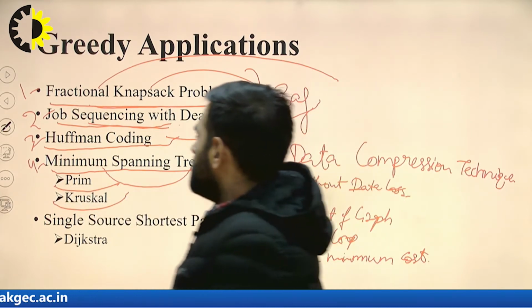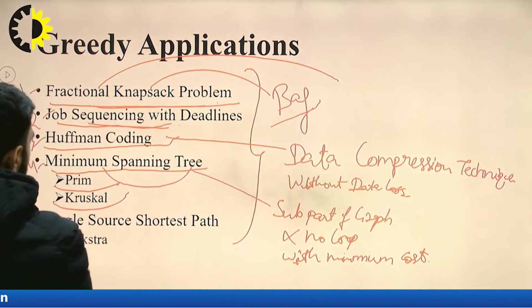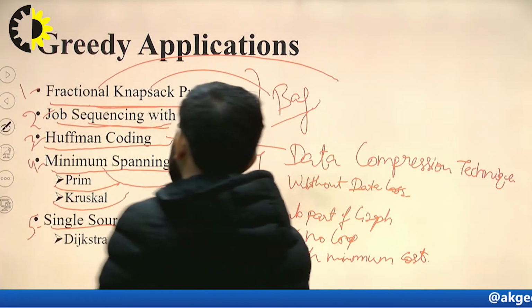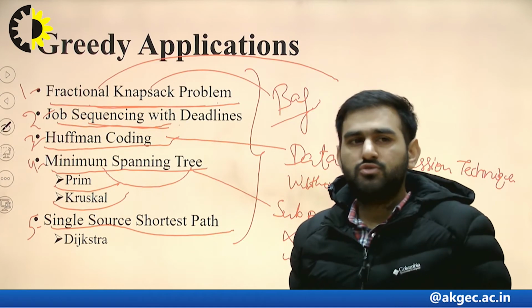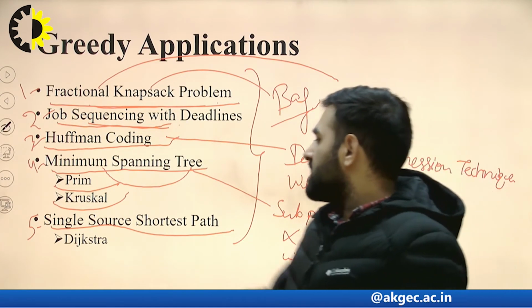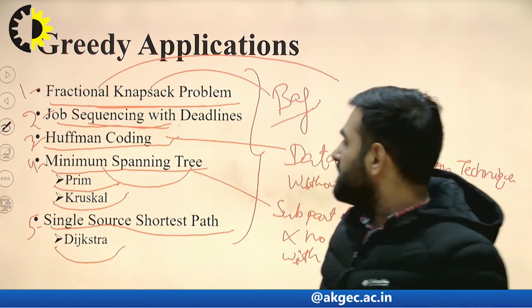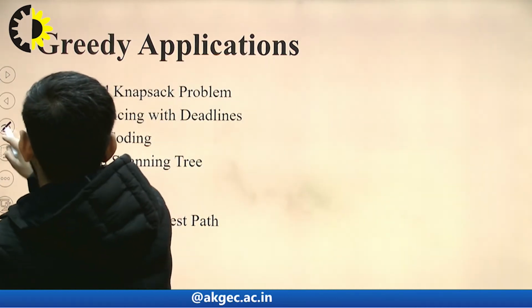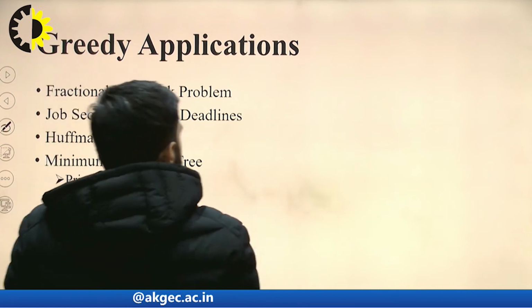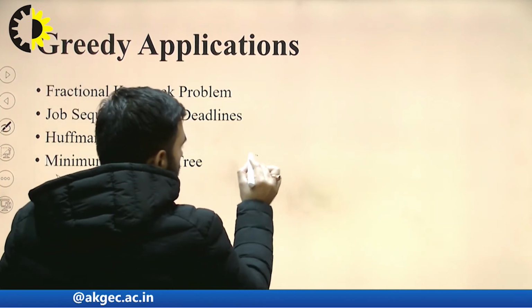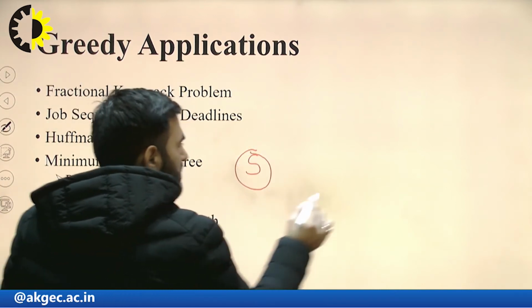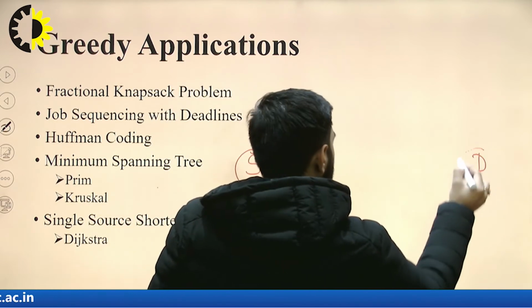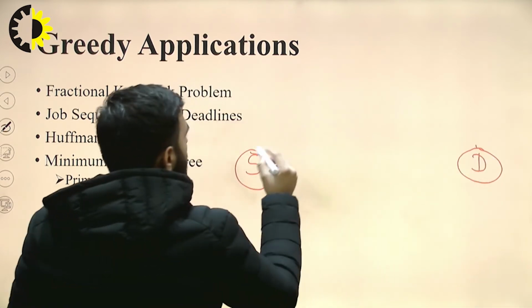Now, this is the fifth one, single source shortest path. In the single source shortest path, we have the Dijkstra algorithm. Suppose from a single source S to reach a destination D, we have n number of paths.